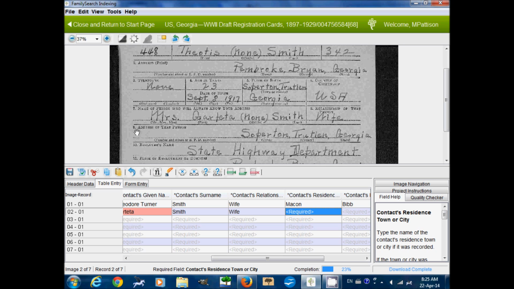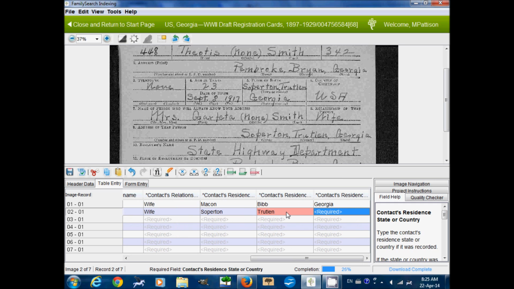Here, that's the next line, number 9, address of that person, that is of the contact person. Okay, so here we have town or city is Soperton.